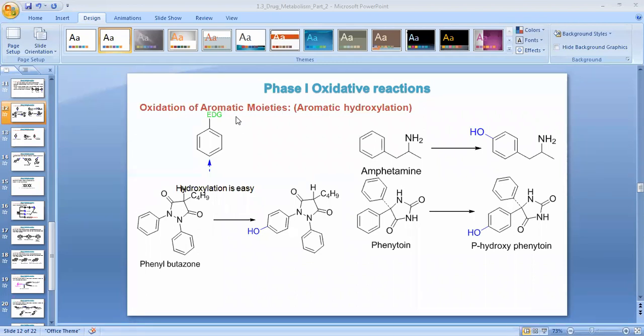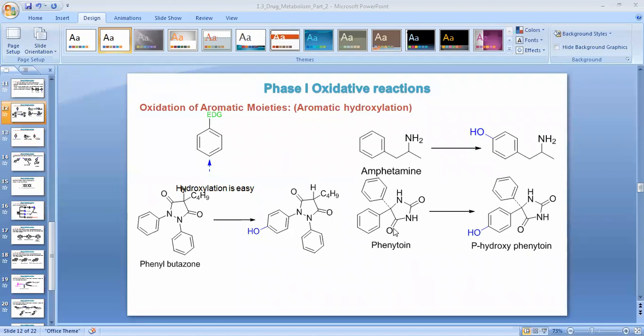Nitro group is electron donating, aldehyde group is electron donating, amine group is electron donating. So if there is substitution of an electron donating group in this arene ring, it goes for metabolism through aromatic hydroxylation. Various examples we have discussed, such as the amphetamine molecule, which is biotransformed through the process of hydroxylation, then phenylbutazone, phenytoin.